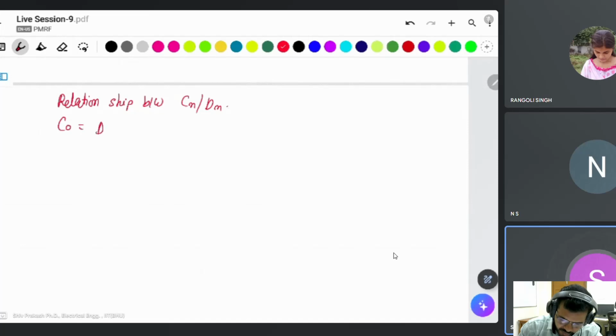Trigonometry, you have already drawn for this one. This will be the same for all. Dn is equal to 2Cn, and theta n is the same as theta Cn. The angle will be the same.